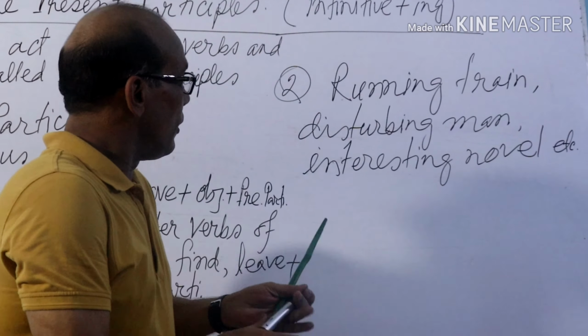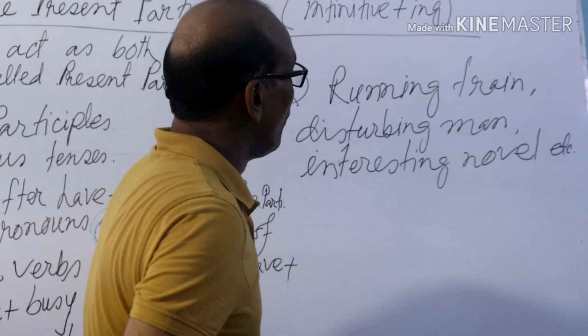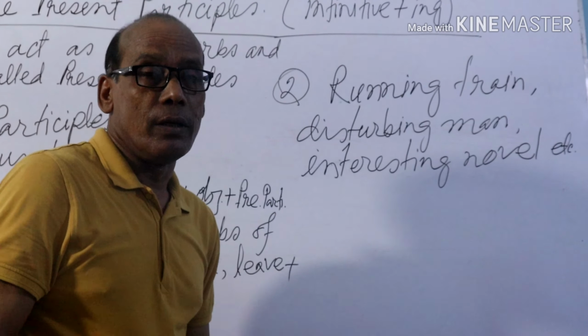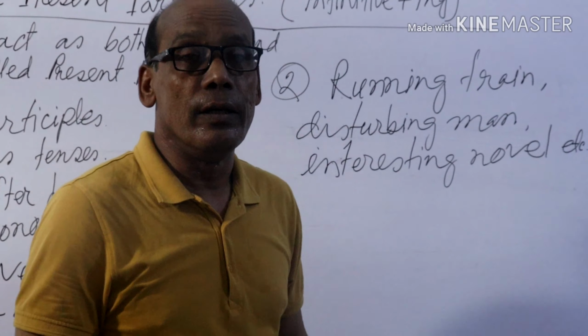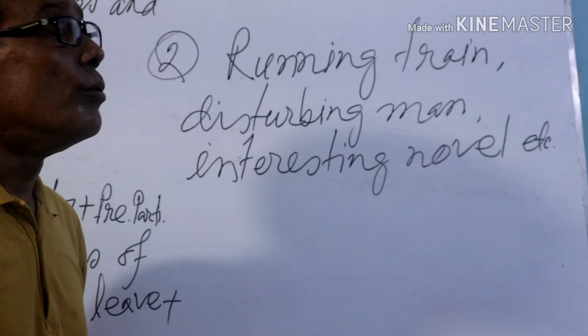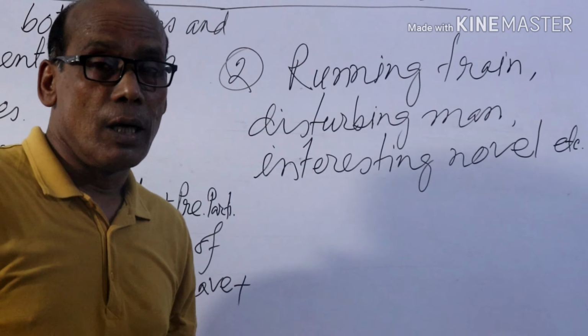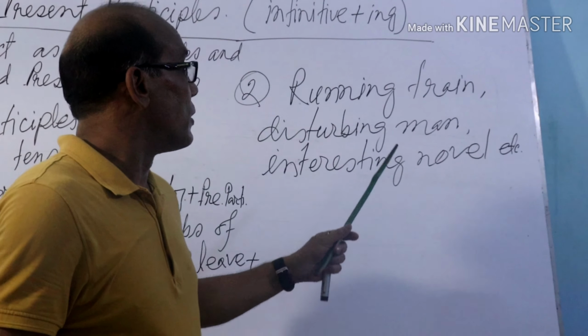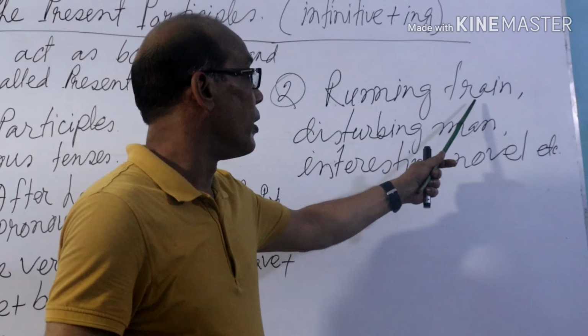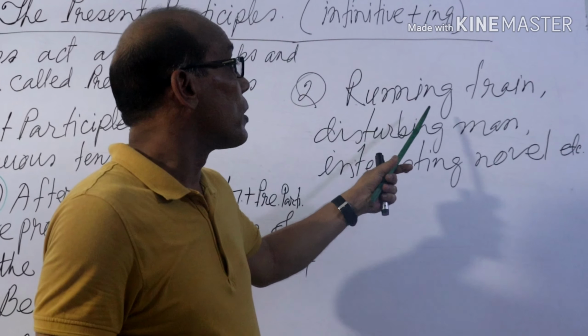Dear learners, you see, running train. We know when something sits before any noun or pronoun and qualifies this noun or pronoun, we call this adjective. It is an additional quality describing word. Here you see train is noun, but what type of train?